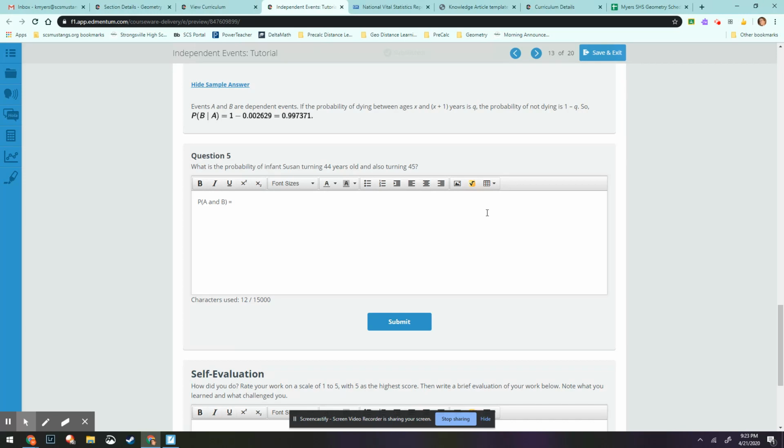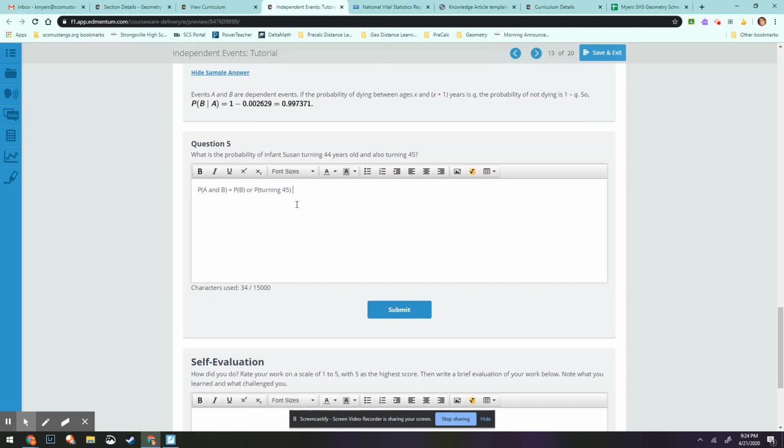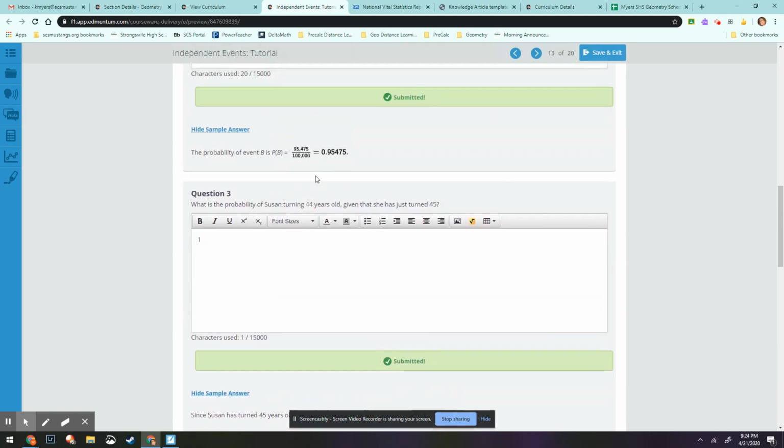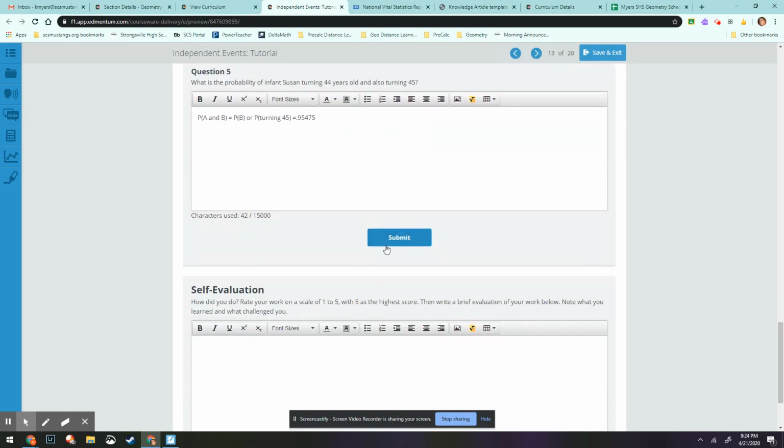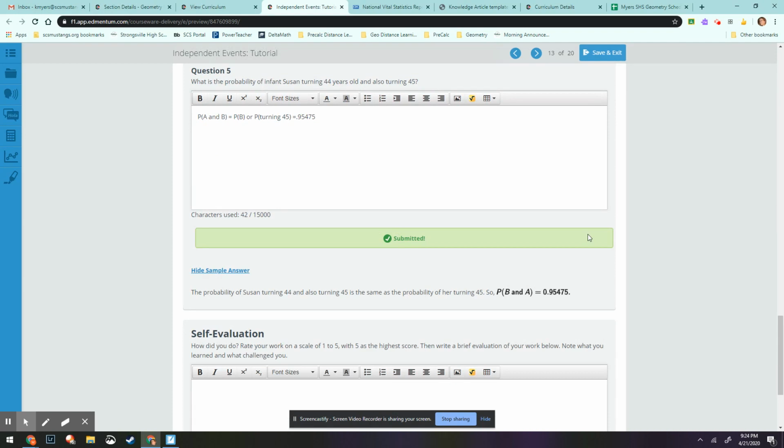But the thing to recognize here is that it's just the probability of turning 45. Because to make sure both of them happen, you just look at the probability of turning 45, which is something that we had already calculated up above here.